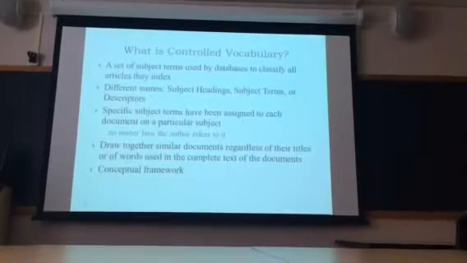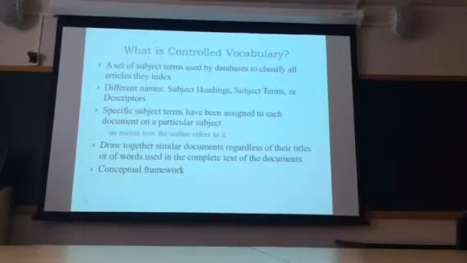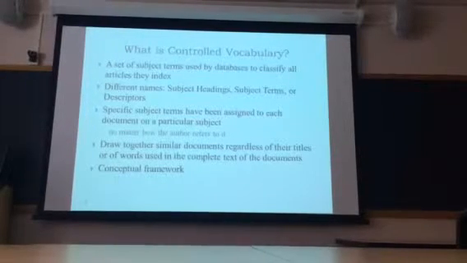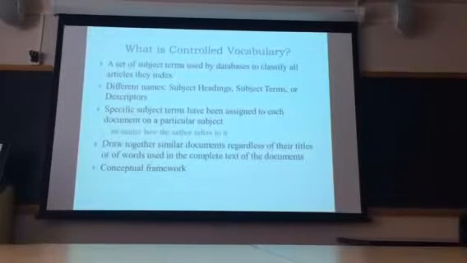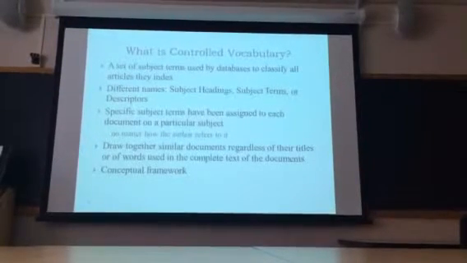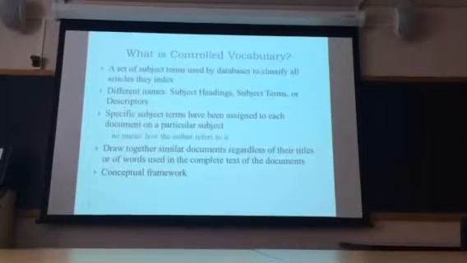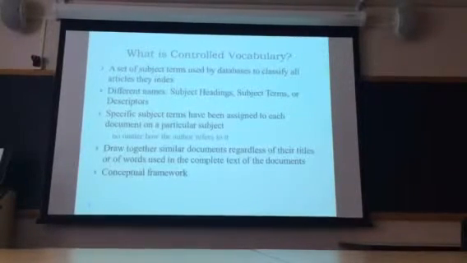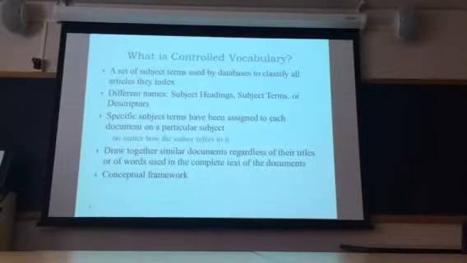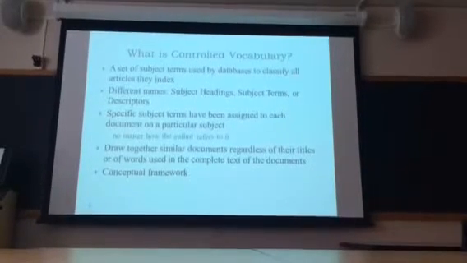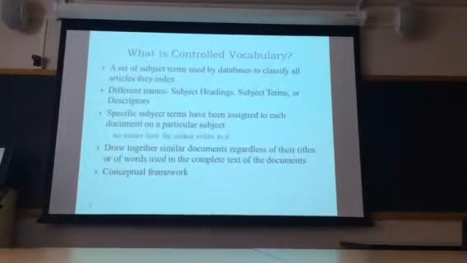Controlled vocabulary is a set of subject terms used by databases to classify all the articles they index in their database. Unlike the various information on the internet or World Wide Web, the information resources of libraries and online databases are organized with controlled vocabulary or subject terms.